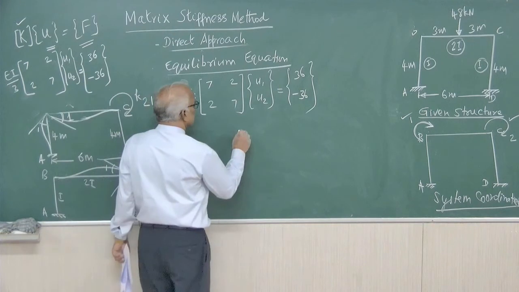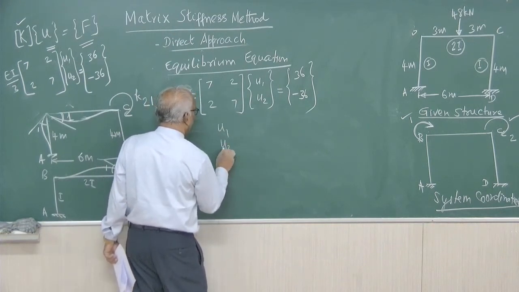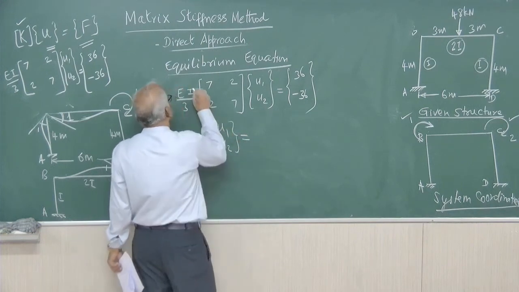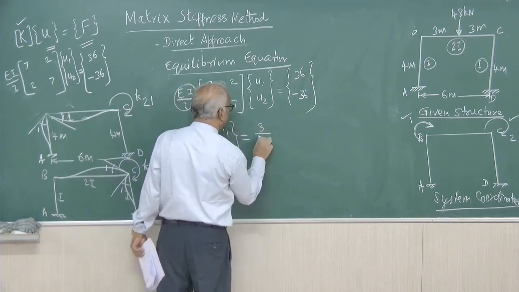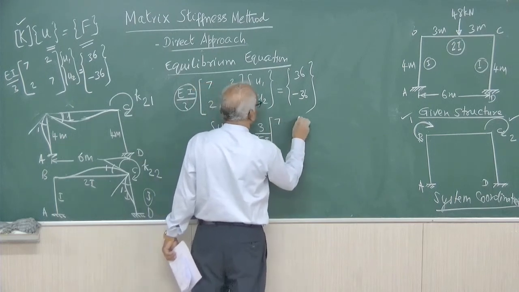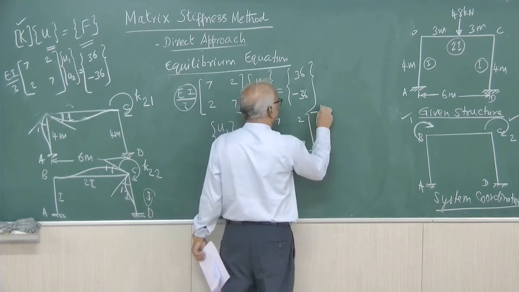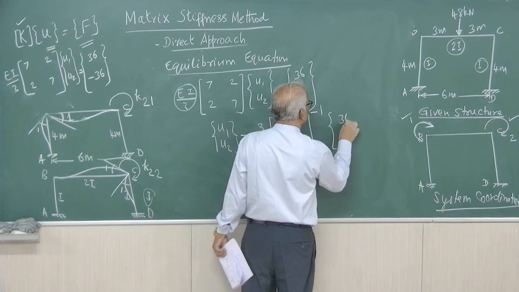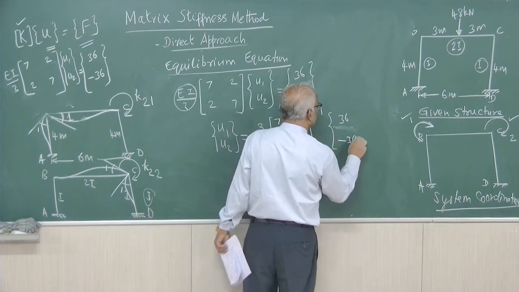From this, the unknown displacements U1 and U2 are found. When this goes to the right hand side, it becomes 3 by EI times the inverse of the matrix 7, 2, 2, 7, into 36 and minus 36.